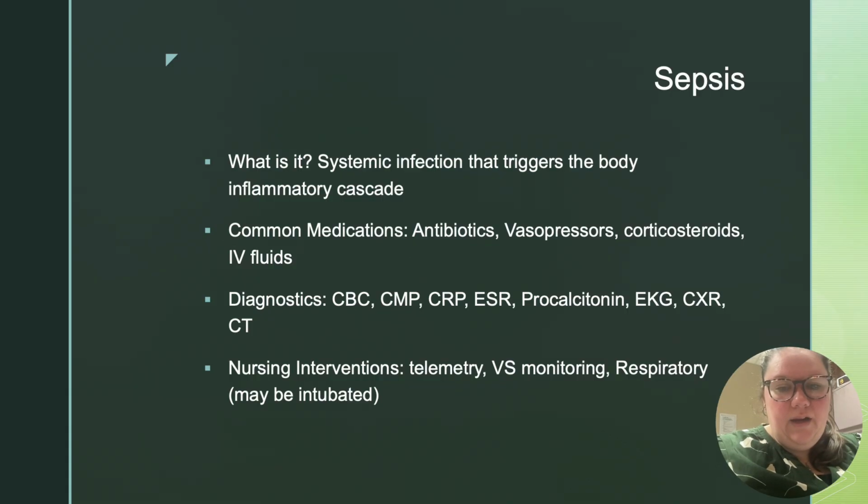and then nursing interventions, telemetry, monitoring their vital signs closely, respiratory monitoring. They may be intubated. Again, depending on the severity, you'll be doing very close monitoring of these patients, their blood pressure, their pulse.